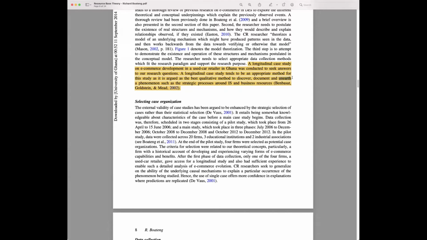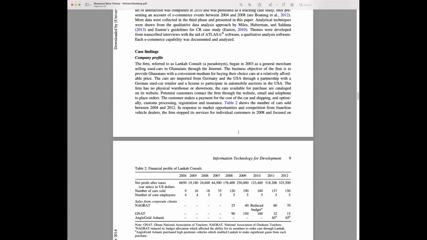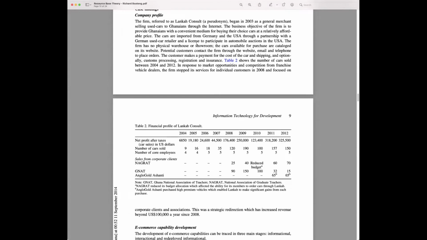Unearth means that you are going to find out the factors that actually cause a phenomenon such as strategic processes around IS and business resources. Okay. So the researchers started by giving the company profile again, like the profile I told you, and then the statistics of the company.